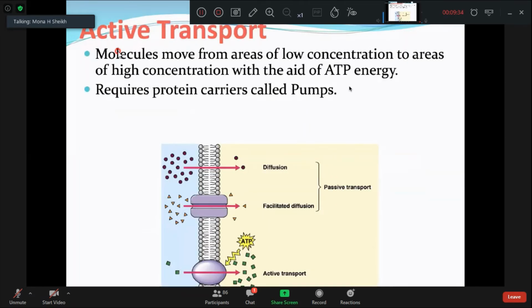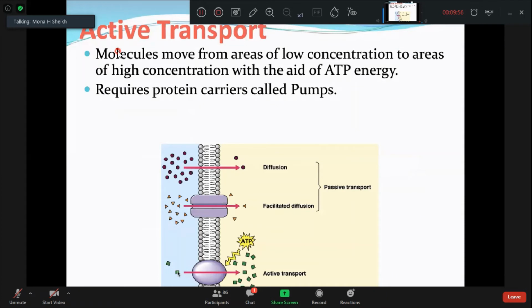So whenever I need to move from low to high, I will require energy. Okay, and I might use proteins which we call pumps, like the sodium potassium ATPase pump. So don't confuse. We said in the passive, we have simple diffusion and facilitated diffusion. Most of these are passive, they don't require ATP.